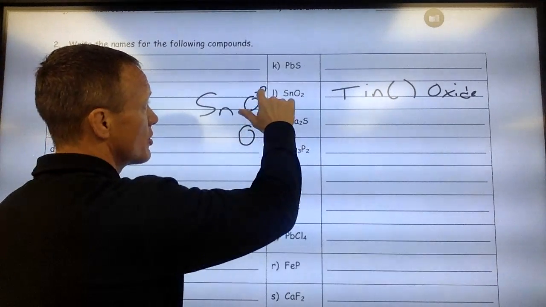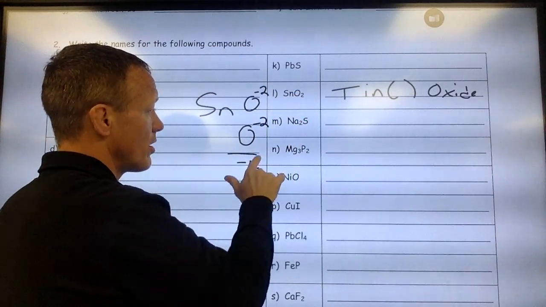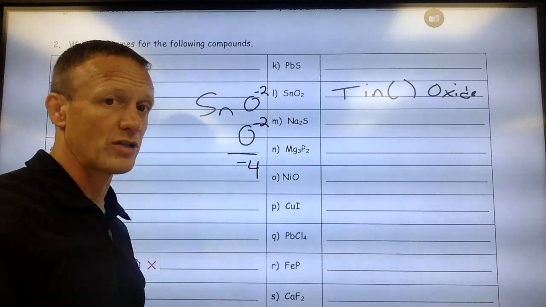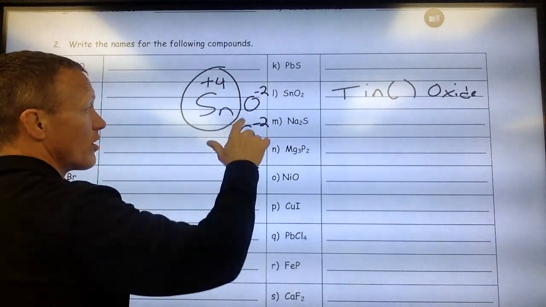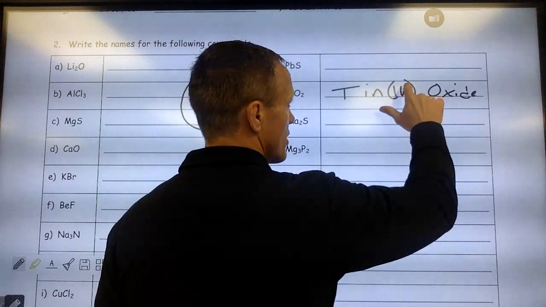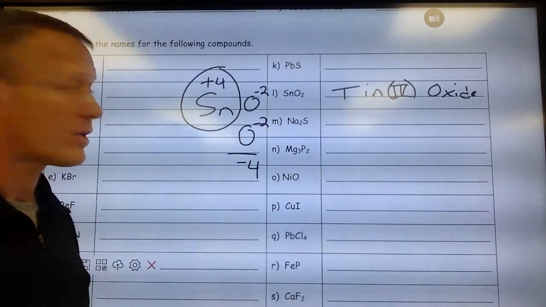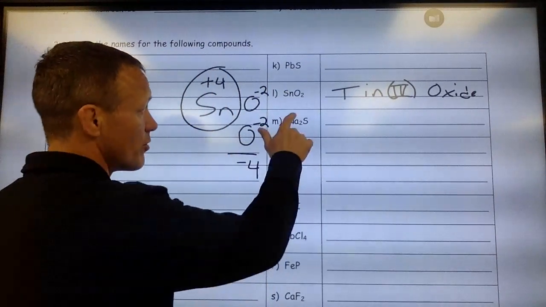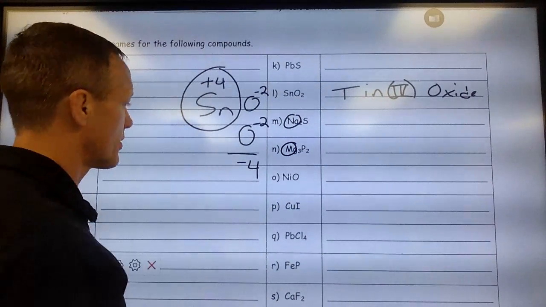So oxygen's a -2 charge per oxygen, but there's 2 oxygens. That's a total of -4 for the 2 oxygens. That means tin must be a +4 if these 2 oxygens are a -4 total. So tin's Roman numeral is a IV, or 4. IV means 4. Again, these don't need Roman numerals because sodium, magnesium are not transition elements, or tin and lead.